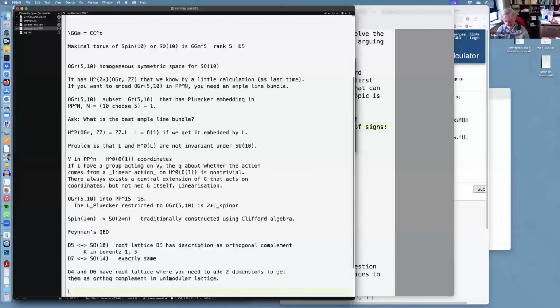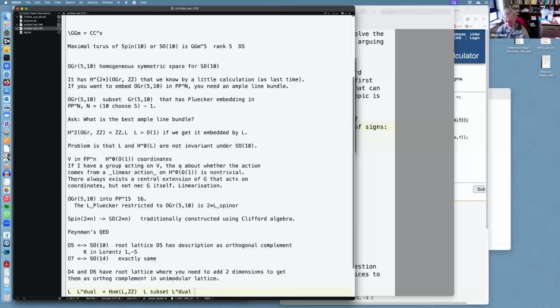I've got a lattice L. I can write L dual, which is Hom from L into Z. And then L dual over L. Obviously L is contained in L dual, because I've got a quadratic form on it.